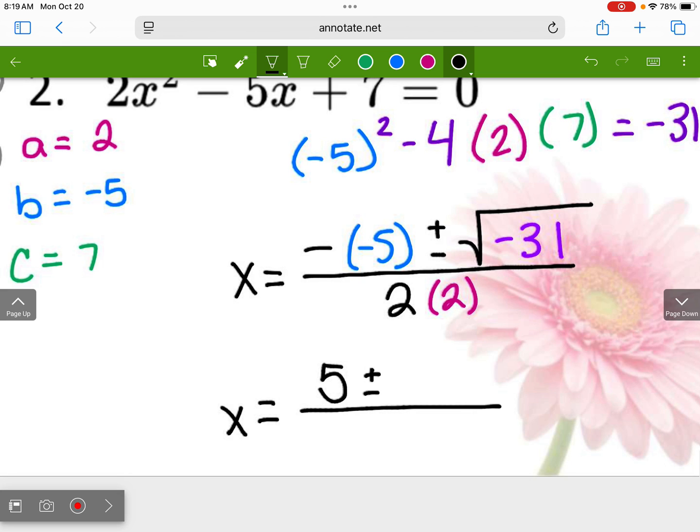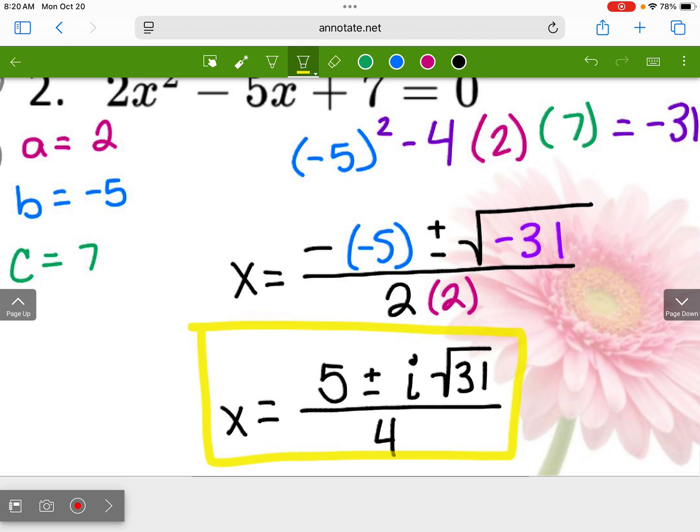And then we know whenever we have a negative number under a radical, I can take that negative sign out by instead writing an i. So I can put this as i square root of 31. Square root of 31 will not simplify any further, but I can write it like that. And that's going to have a 4 in the denominator. So this is our simplified radical form answer.